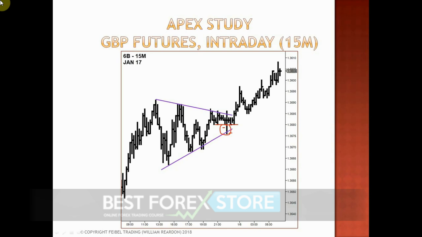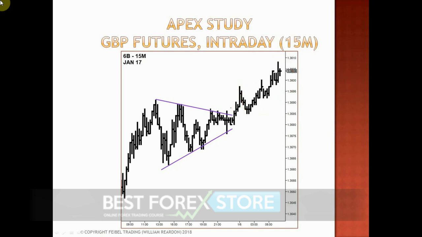Okay, then boom, what happens? We smash out and we continue north. Although ideally from an apex, we don't want to have this pullback here. What should happen is we should move up like so. But we still get a good move nonetheless.